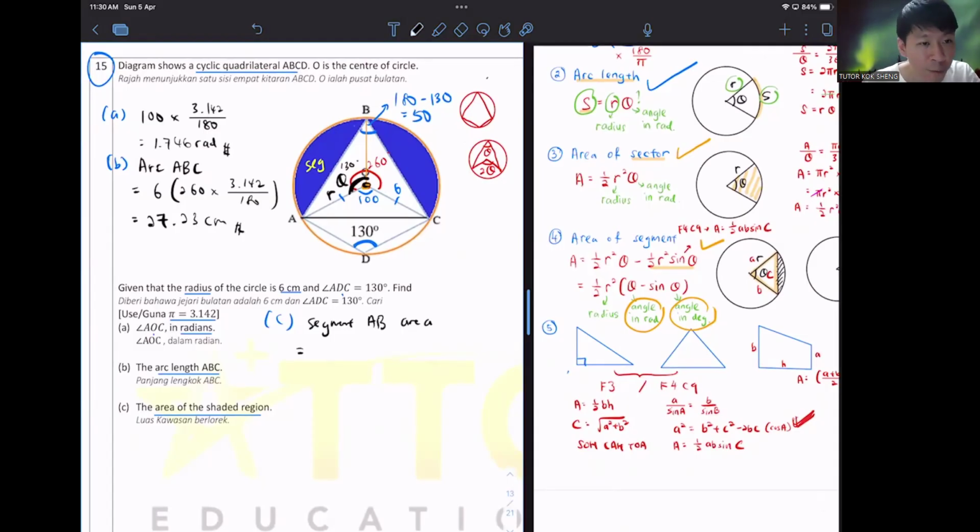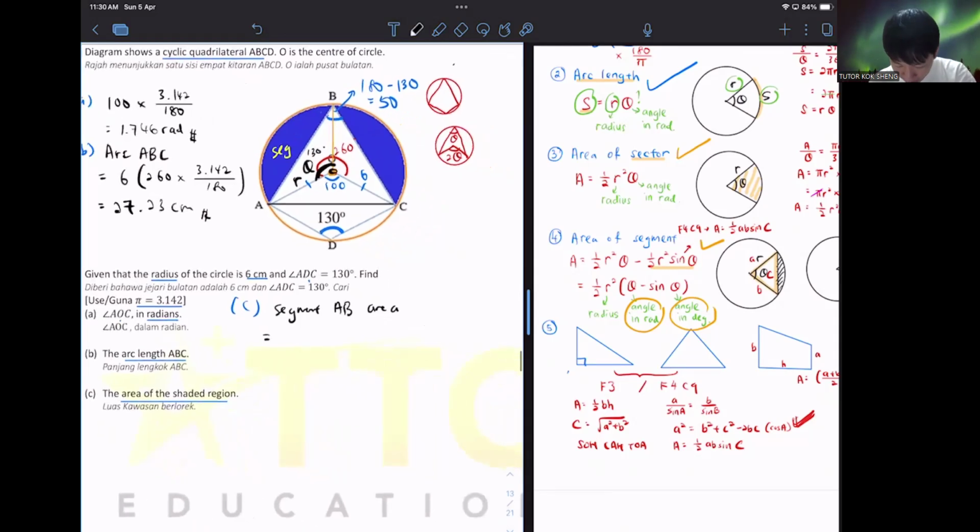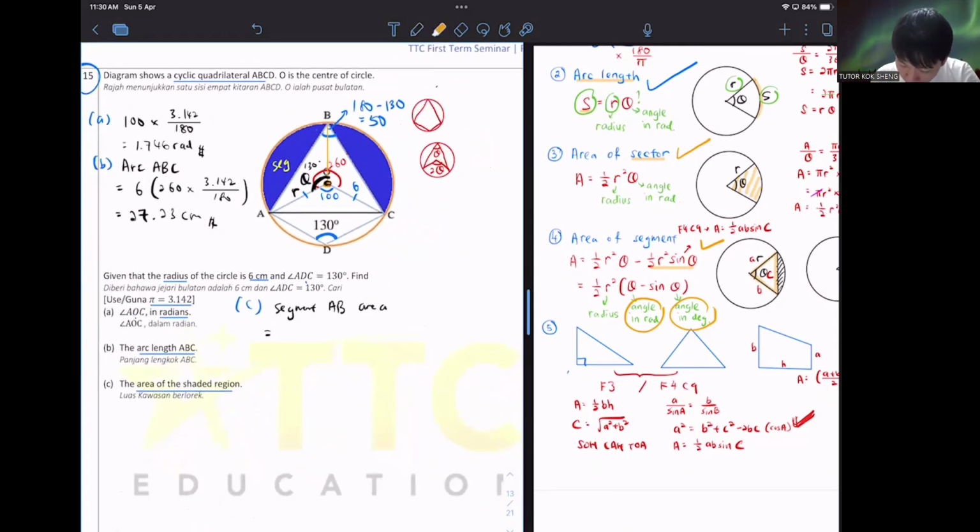Of course the formula needs radian, right? Radian also half, but just now we didn't write the radian yet. Maybe you can write the working here, easier to see.